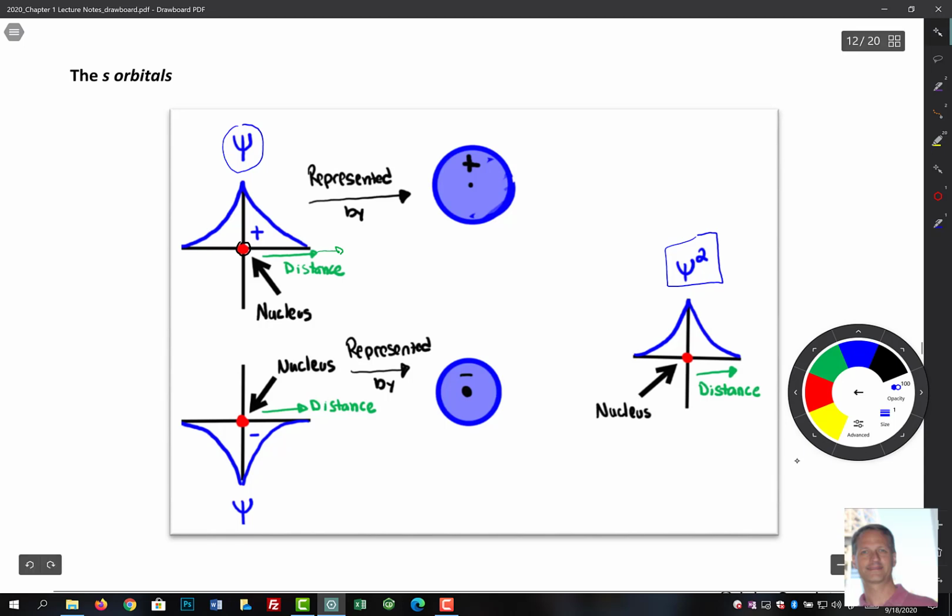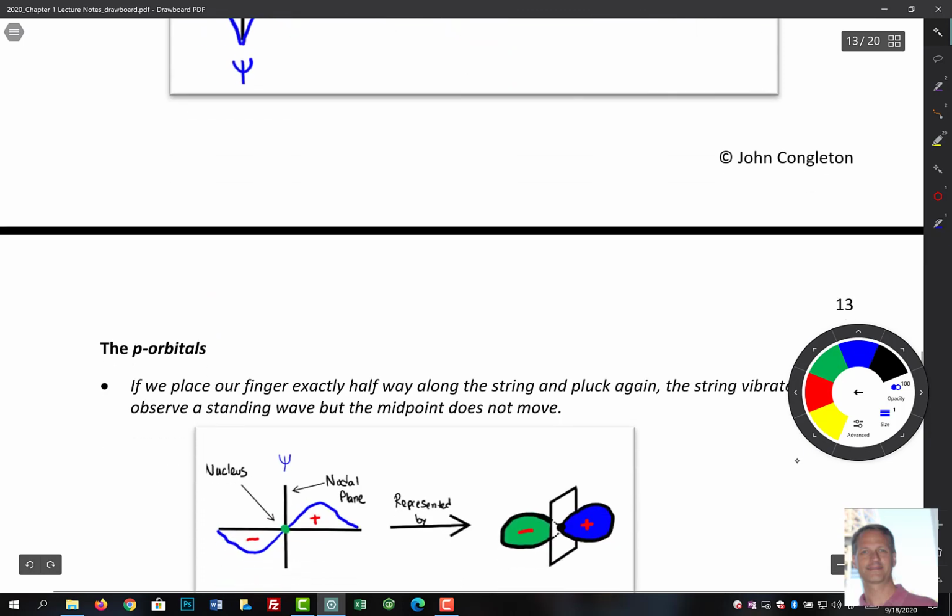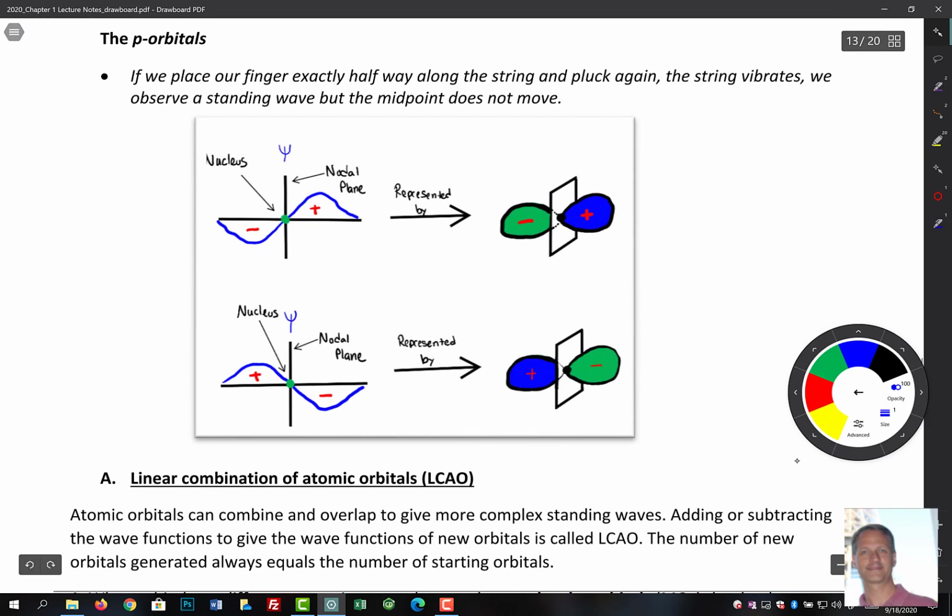Now, the p orbital is like a guitar string in a lot of ways. If you put your finger exactly halfway on the guitar and pluck it, you'll have part of the string going up in one phase and part going down. So we get 2 solutions to the p orbital wave function. You end up getting this plus and this minus.